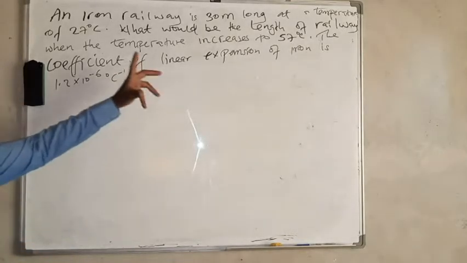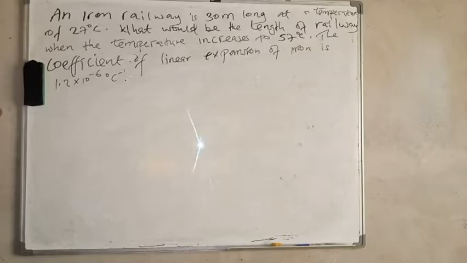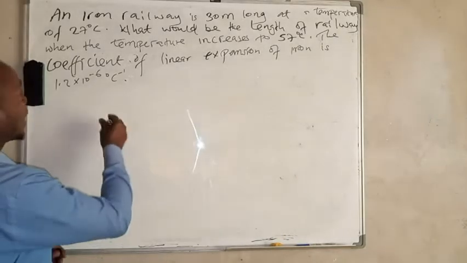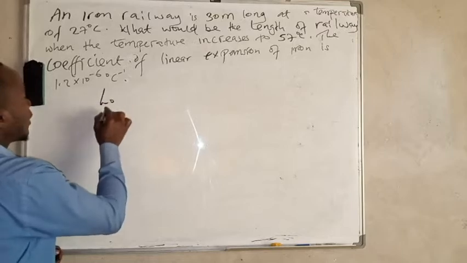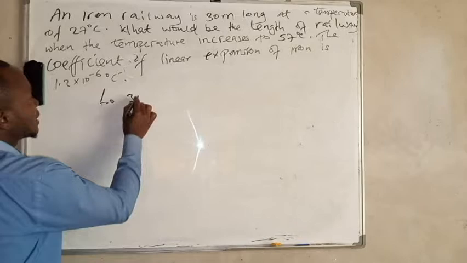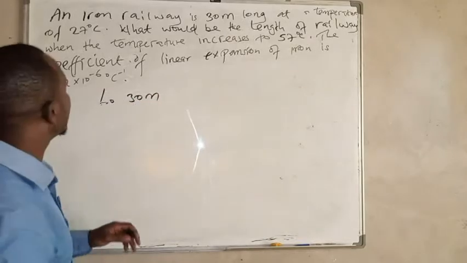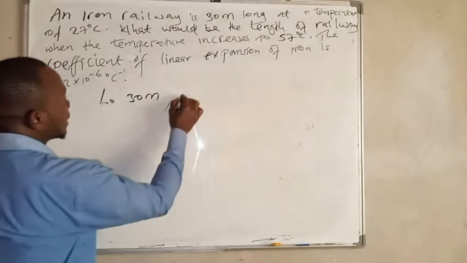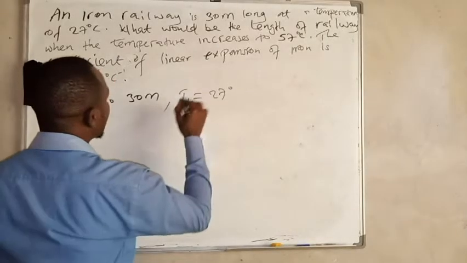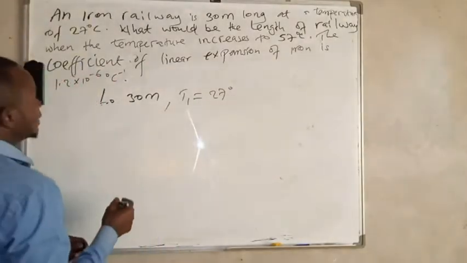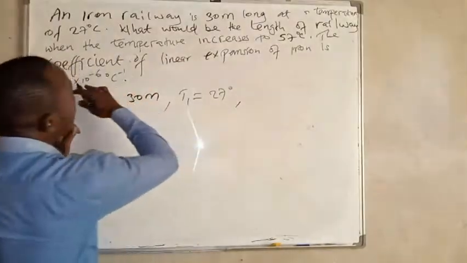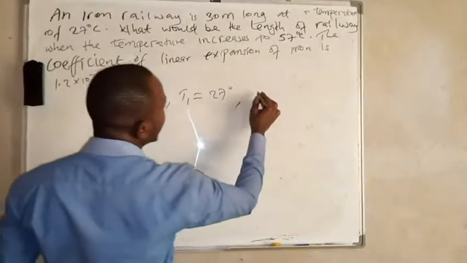That is per degree Celsius, and the information that we've been given here is, one, the length, which is the original length, which is 30 meters, at temperature T1, which is 27 degrees Celsius, and this temperature is increased to 57.